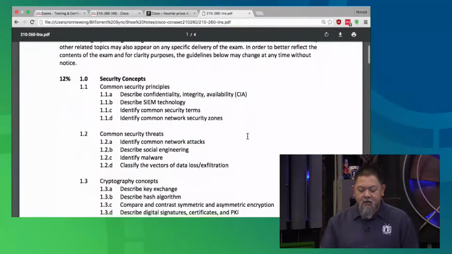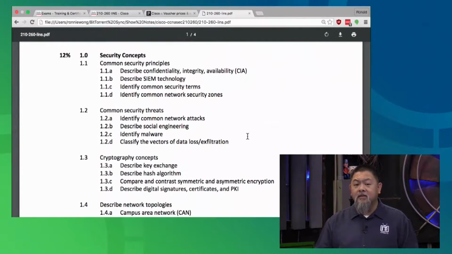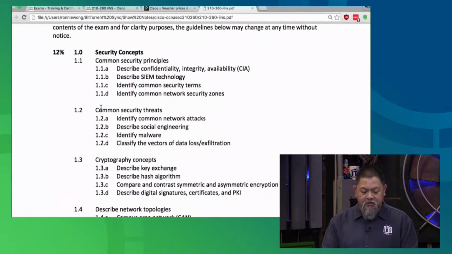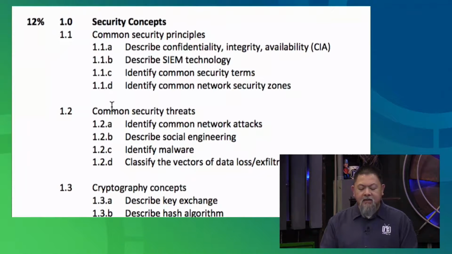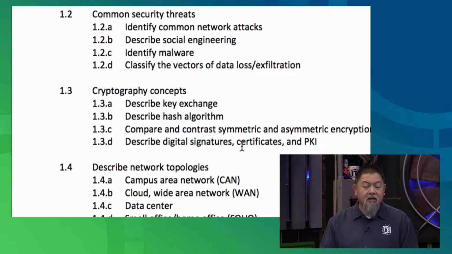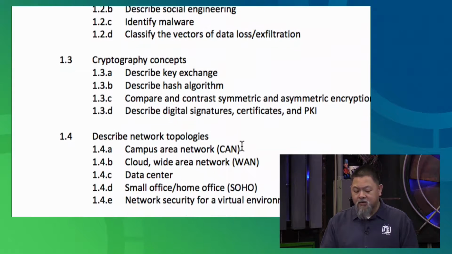So let's take a look at some of the different things that we'll be covering. On the official exam objectives that you can download from Cisco, you know that we're going to cover basic security concepts that are Cisco-centric. We'll look at common security principles, making sure we have a solid foundation there. We'll look at different types of threats that we'll end up facing, and we'll describe those.